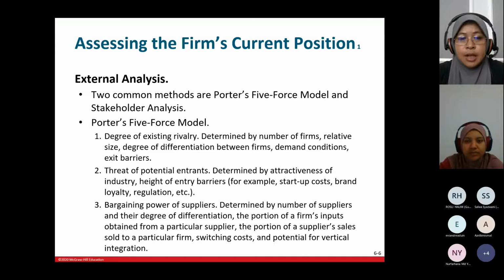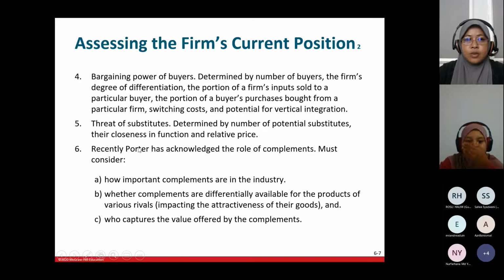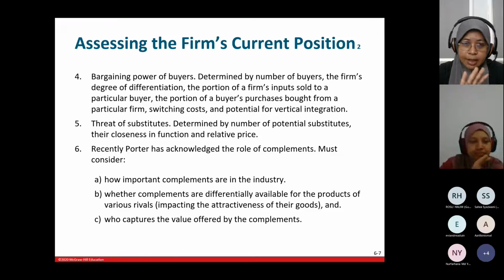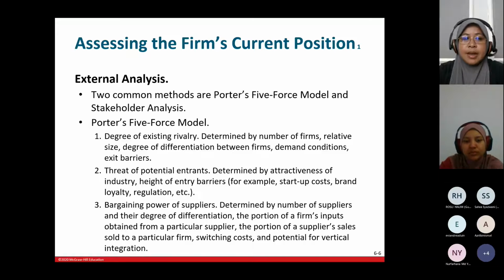The 5 forces model has 5 main forces, which are the existing rivalry, meaning the competitors; potential entrants, whether it is easy or not easy to enter the market; bargaining power of supplier; bargaining power of buyer; and threat of substitute products. So according to Michael Porter, these are the 5 forces that are important, and the company must know them to understand what's going on in the industry.